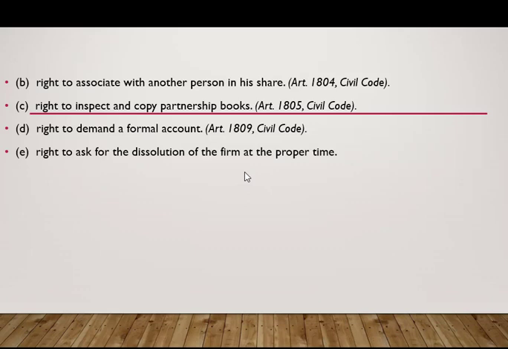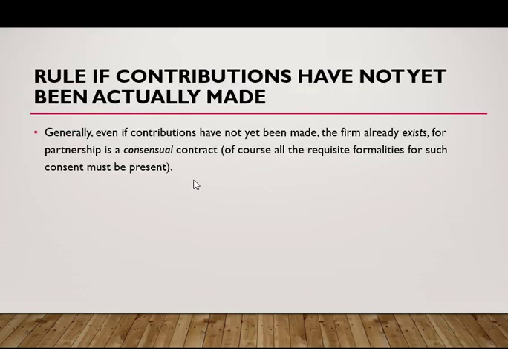So, let's discuss naman what is the rule if contributions have not been actually made. As what I've discussed, it is your obligation to give to the partnership what you have promised. So, generally, even if contributions have not yet been made, the firm already exists, for the partnership is a consensual contract.